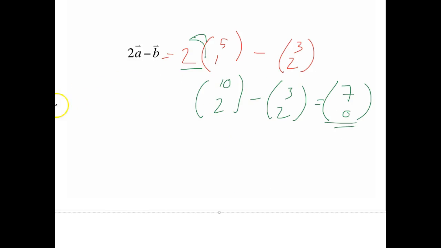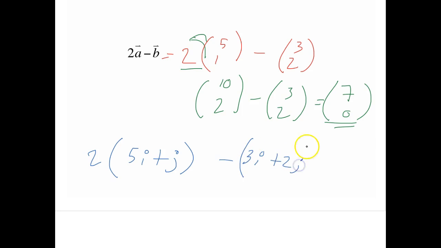Now they could also set this up in unit vector form. So instead of being in the nice vertical form, they could be like 2 times, let's say, 5i plus j minus b, which would be 3i plus 2j, right? So the same concept, you do the exact same thing, just written in a different form.